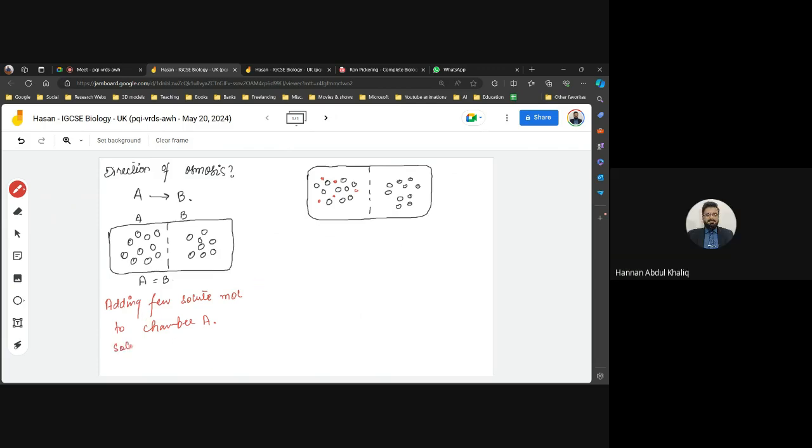So what happens? The solute would attach to water molecules and lower their kinetic energy. Now, both of the chambers have the same water molecules, but if one chamber has lesser kinetic energy than the other, which one has lower water potential?